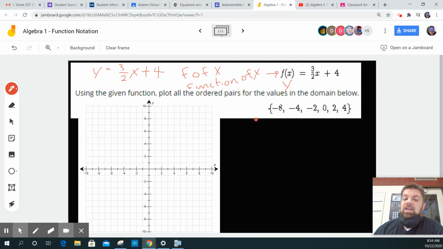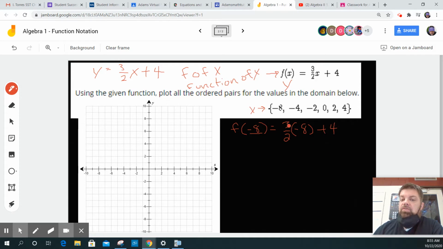Now, what's different is when I evaluate it. So if I were to evaluate f of -8, these are all of our x inputs. I'm going to input -8, -4, so on and so forth. Wherever there's an x, I'm going to plug in -8. In other words, I'm going to say 3/2 times x, but instead of x, I'm going to put -8, plus 4.